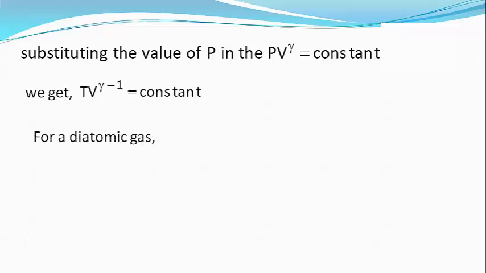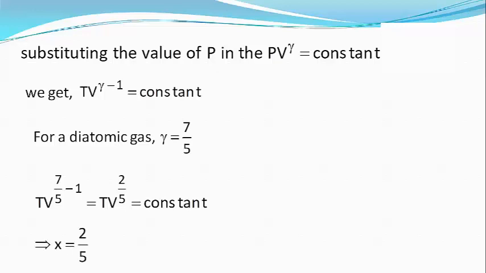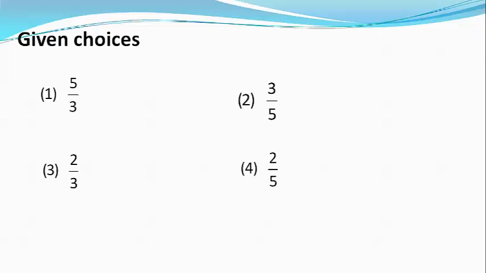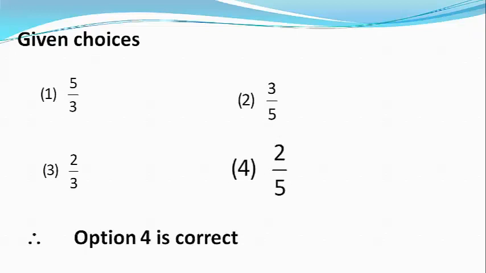But for a diatomic gas, the value of gamma is 7 divided by 5, so we get T V raised to power 7 by 5 minus 1, which is T V raised to power 2 by 5 equals constant. That clearly means that the value of x in the equation is 2 by 5. So our answer matches with option 4 and hence option 4 is the right choice.